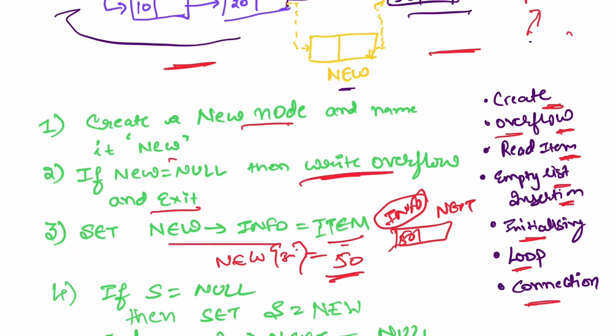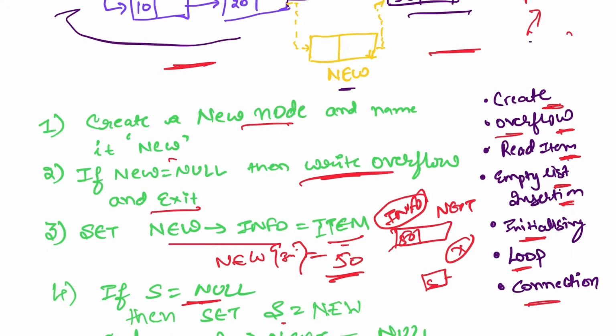so it will be stored here. Then again this condition, if the linked list is empty, I will check if s is equal to null. S is null means the linked list is not holding any node.